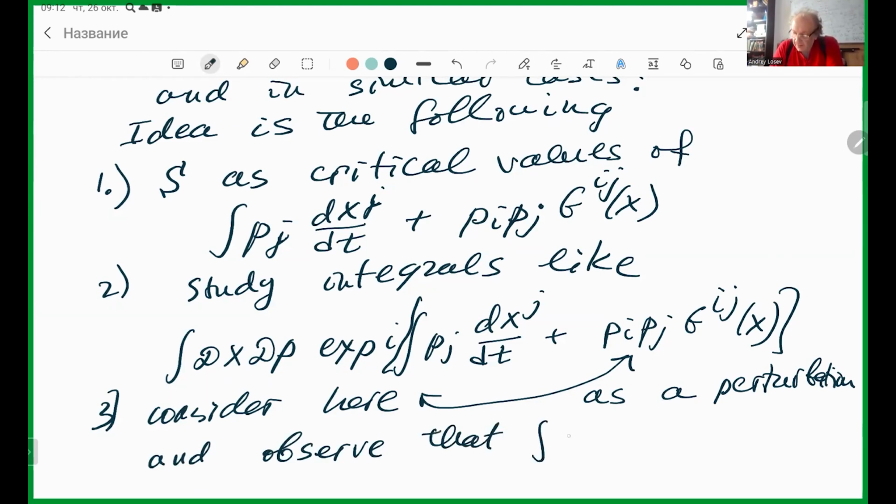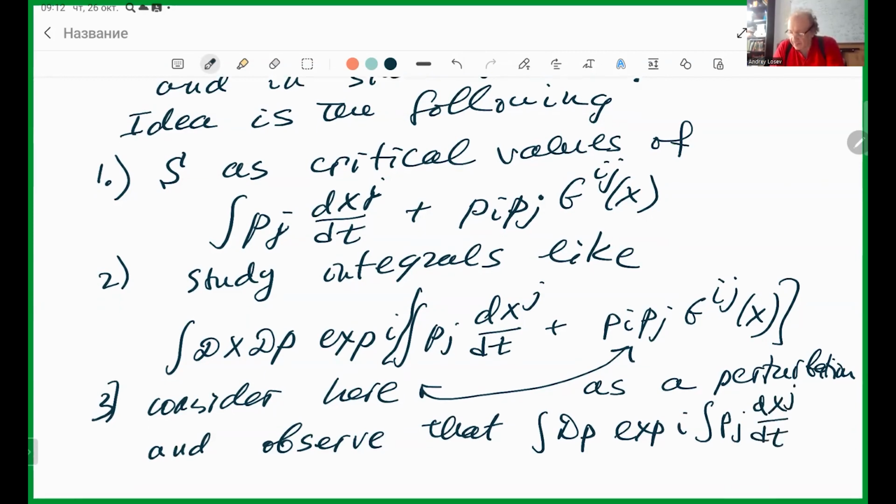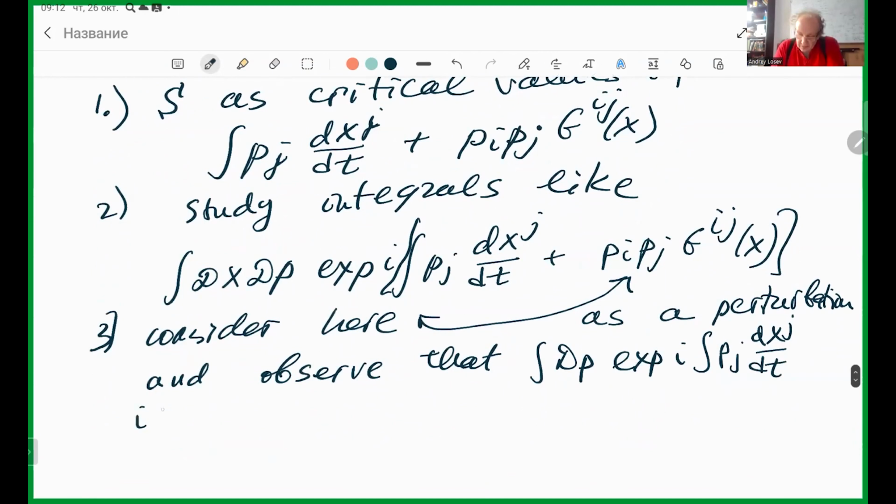integral dp exponential i pj dxj over dt is a delta function.